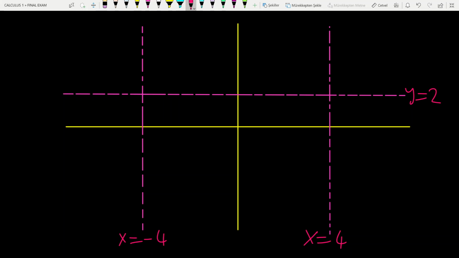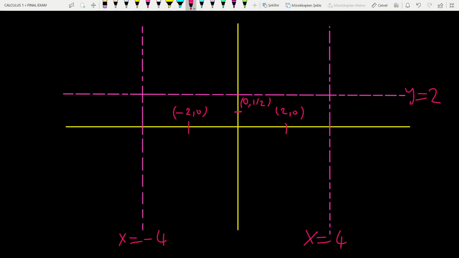One of them is minus 2, 0, right? Let's say this is minus 2, 0. And the other one is 2, 0. And the other one is 0, 1 over 2. Let's say this is 0, 1 over 2.